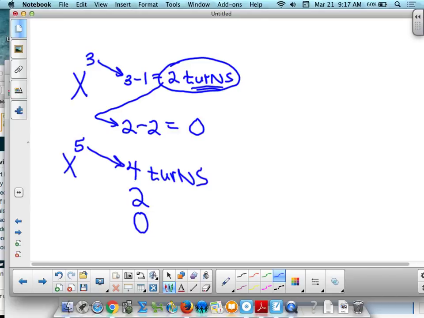Let's throw one more at you. X to the 12th could turn 11 turns, 9, 7, 5, 3, 1. It's every other. It's always subtract 2, subtract 2. Now, what's the most it can turn? 11 times. Then it can't turn anymore. Alright, go to the next page.